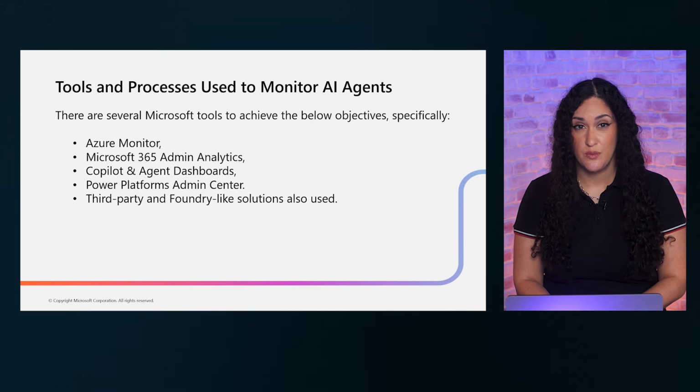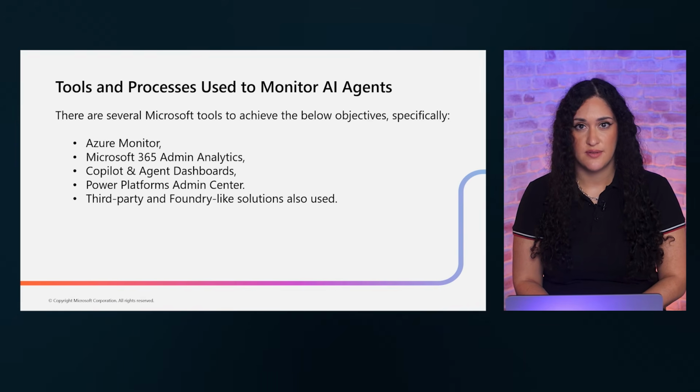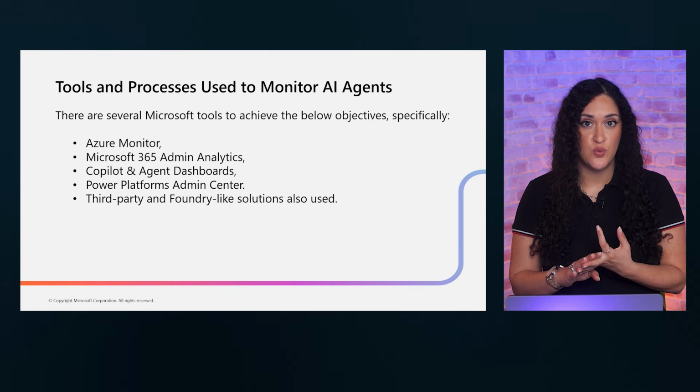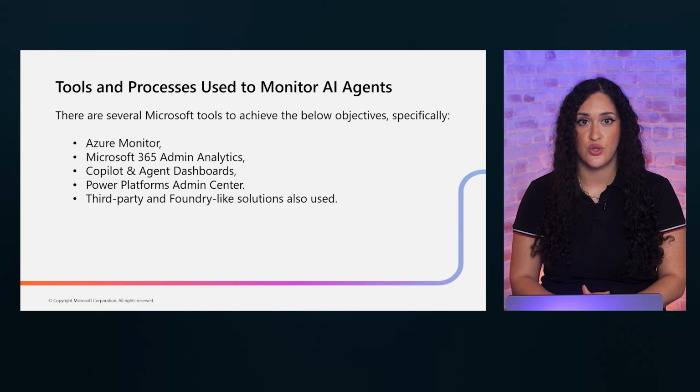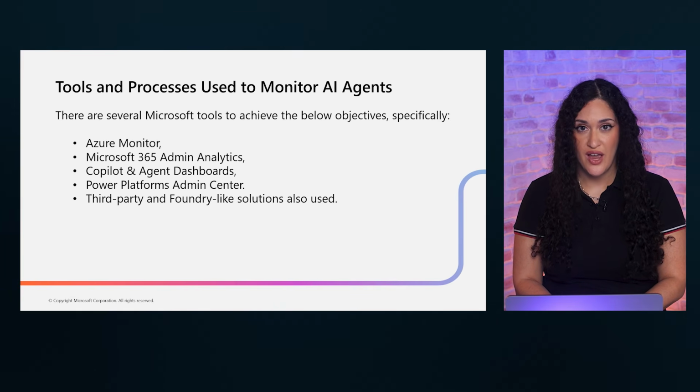Let's review the tools available for monitoring. Microsoft provides several purpose-built options: Azure Monitor for call telemetry and alerting, Microsoft 365 Admin Analytics for usage and adoption trends, Copilot and agent dashboards for agent-specific insights, and Power Platform Admin Center for environment-level monitoring. Third-party and Foundry-like solutions also play a role, especially in complex enterprise environments.